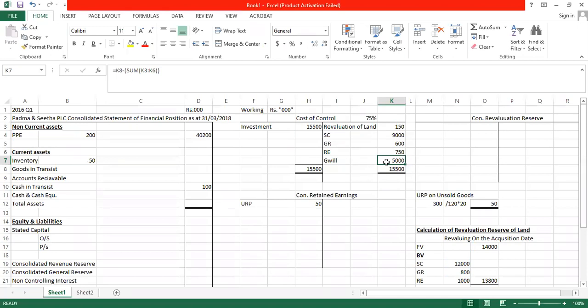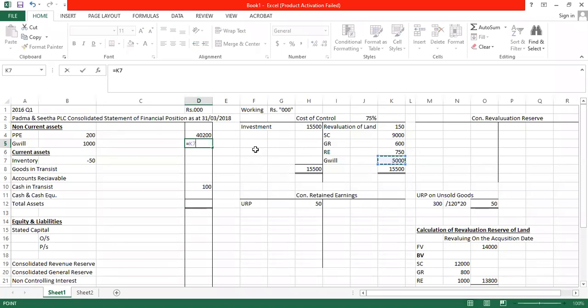So you have to deduct that 1,000 from this. Go to your new consolidated balance sheet, goodwill. You have to adjust this 1,000 when you are taking the goodwill.